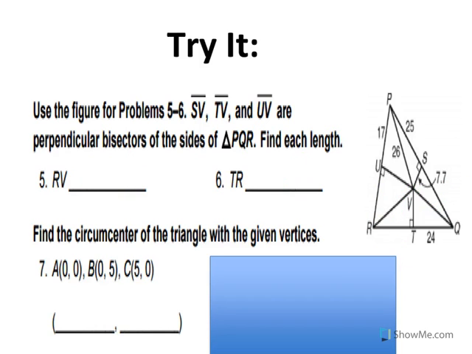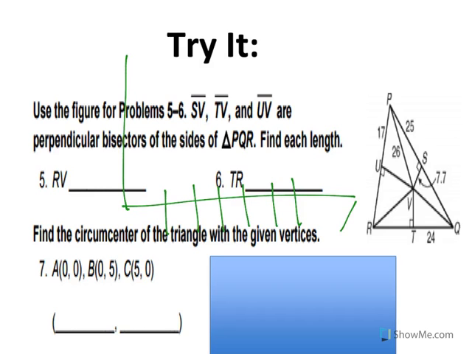So, okay, so we're given the coordinates 0, 0, 0, 5, and 5, 0. So here we can make a rough sketch. So this is our x, and this is our y.